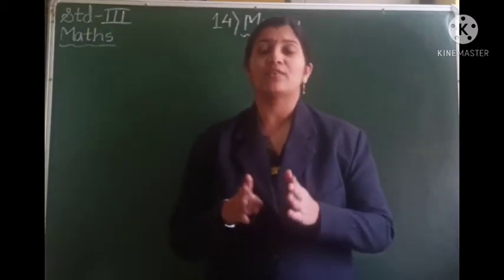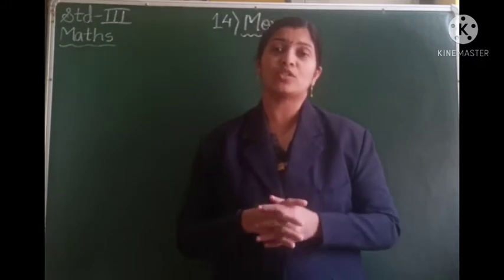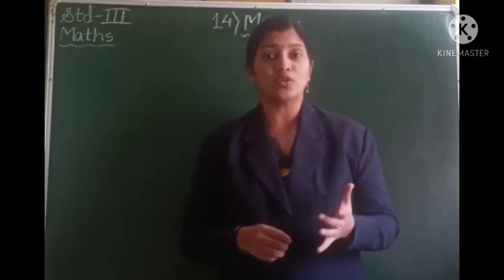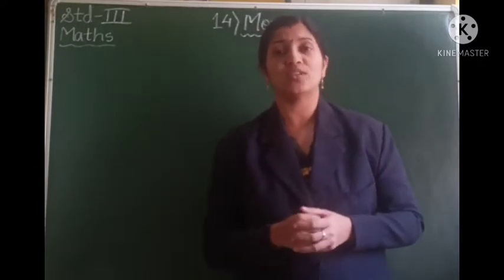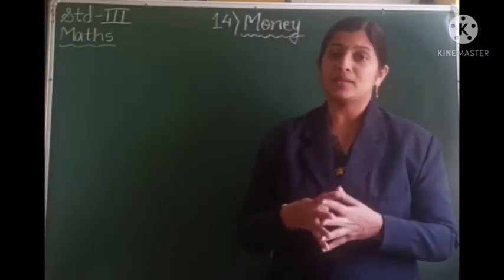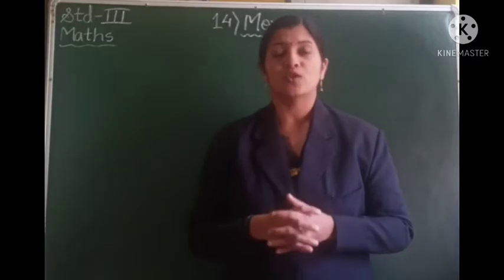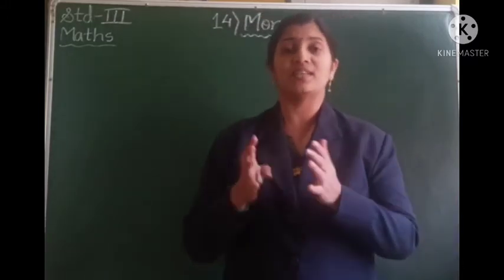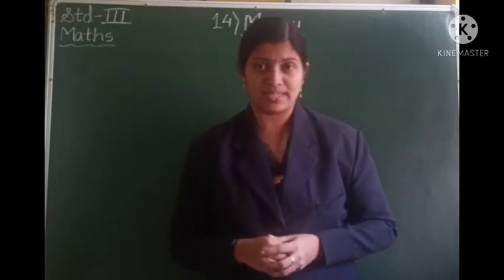In India, the money is used in the form of rupees and paise, right? The notes and the coins are used for buying and selling of things. So a dot or a point is used to separate the rupees and the paise.